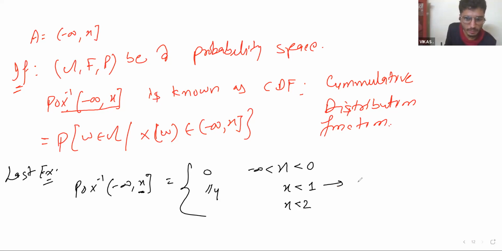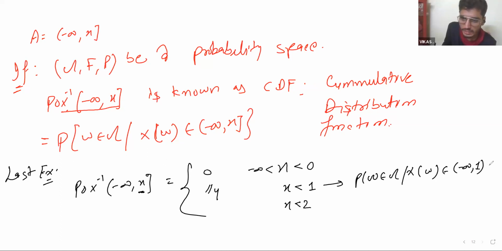what are the possible favorable cases here? When x is less than 1, you are checking the probability of those omega such that X(omega) belongs to minus infinity to any x that is less than 1.